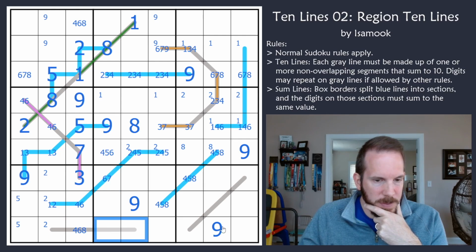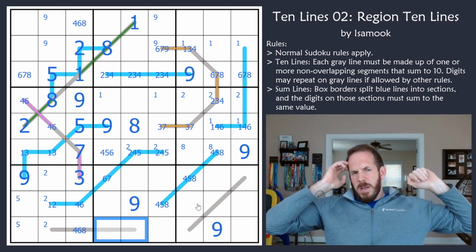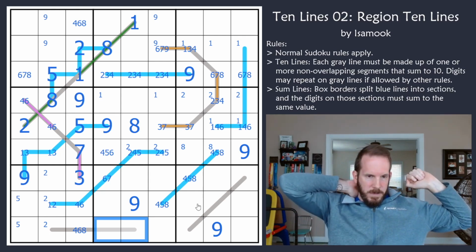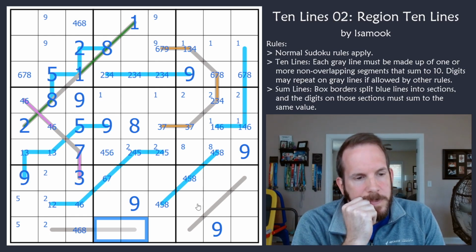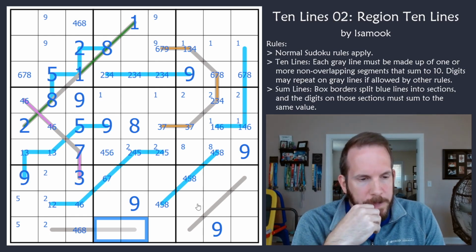So this couldn't be 1, 9, 2, 8, 3, 7, it would be 4, 6. Doesn't feel right to be looking at that.